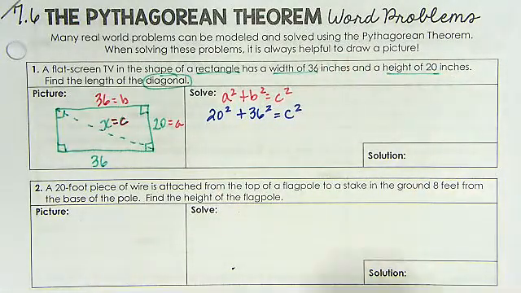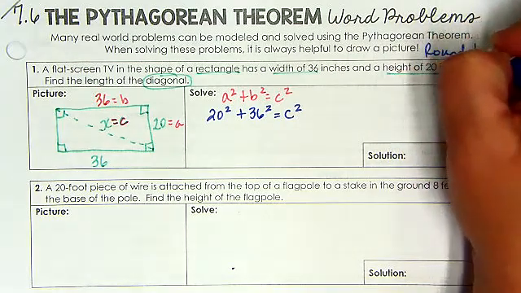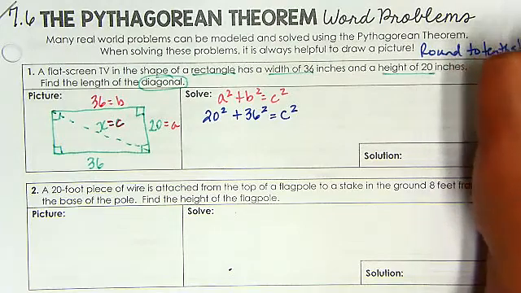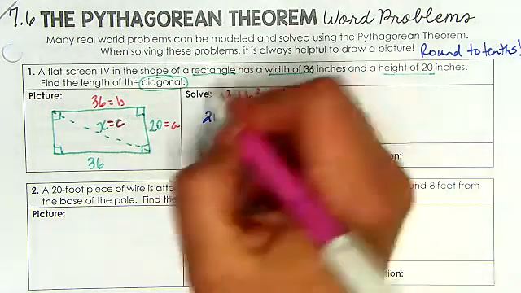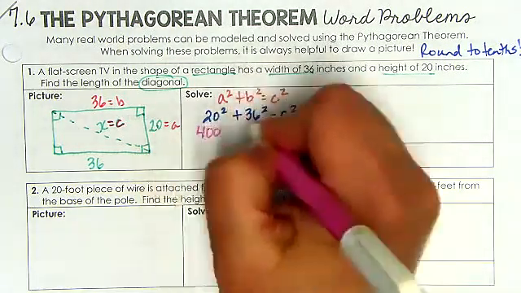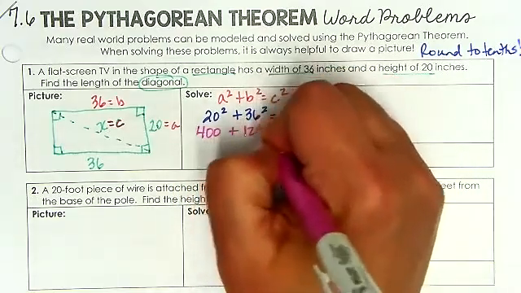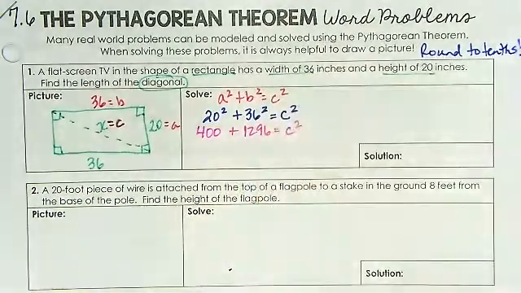And it still applies. We round to the tenths. Now we simplify. 20 squared is 400 plus 36 squared is 1296. And yes, you get to use a calculator.